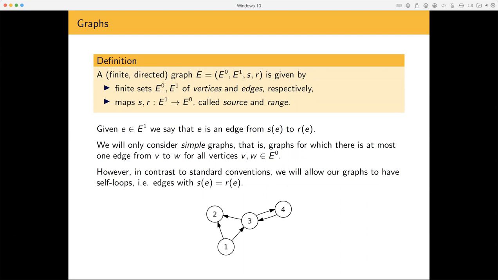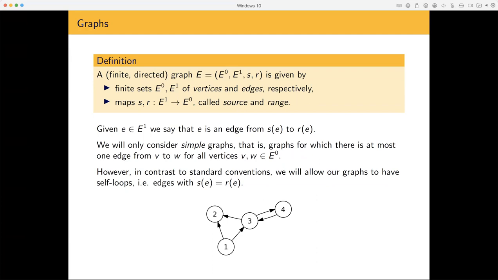That's encoded by these maps as I've written down here. The typical way to visualize this is by drawing pictures as on this slide. One thing I should mention is that I'm using a slightly non-standard convention in that I will allow graphs to have self-loops. That's usually excluded when one speaks about simple graphs, but for me that will not be the case.